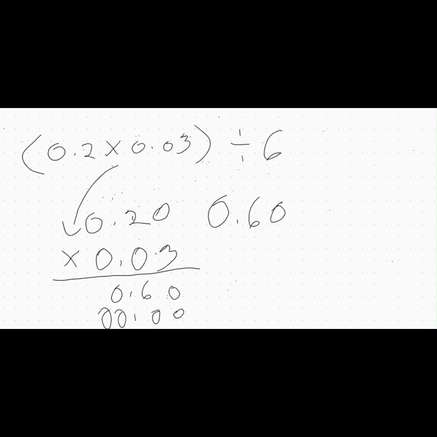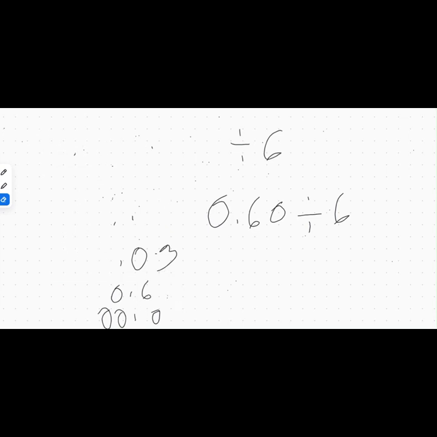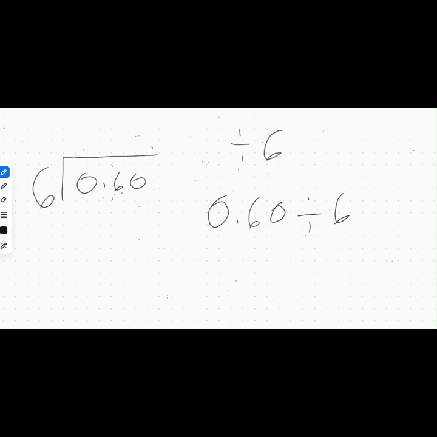That is going to be divided by 6. Patience is a virtue when you start getting into decimals. So your 0.60 is divided by 6. 6 goes into 0, 0 times, 6 goes into 6.